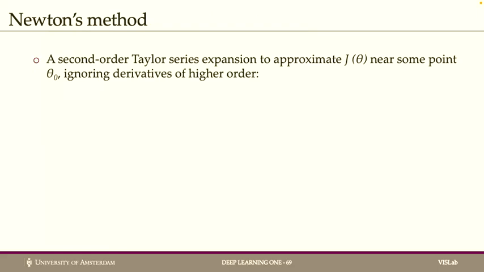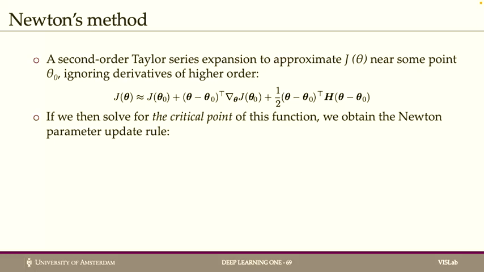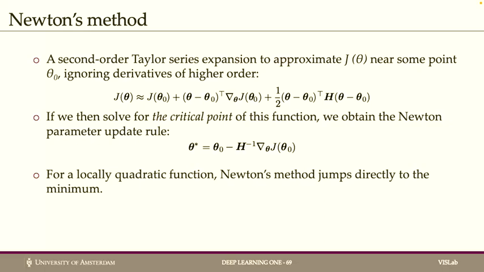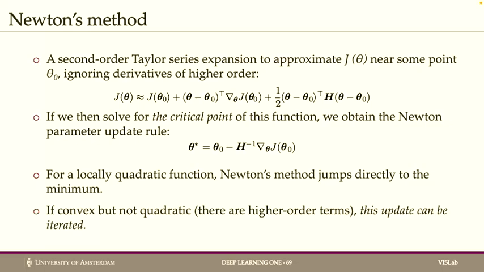The basic idea is that you do a Taylor series expansion at a given point and solve it for a critical point, where critical point is defined as the first derivative being 0. Then you get this update rule, which obviously needs to depend on the Hessian, but this will give you the exact solution for a quadratic function. And for non-quadratic functions, you can apply this iteratively.